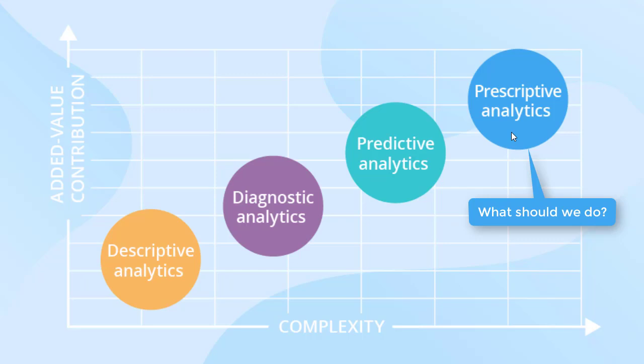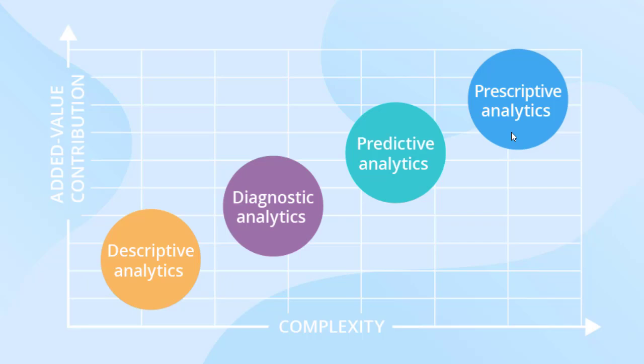So that's not only going to predict, but it's also going to prepare the organization for an optimal result. Again, that will be the greatest value add of the 4 forms of data analytics, but it is also the most complex.